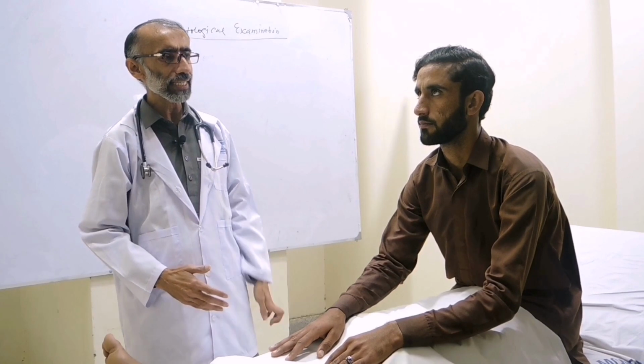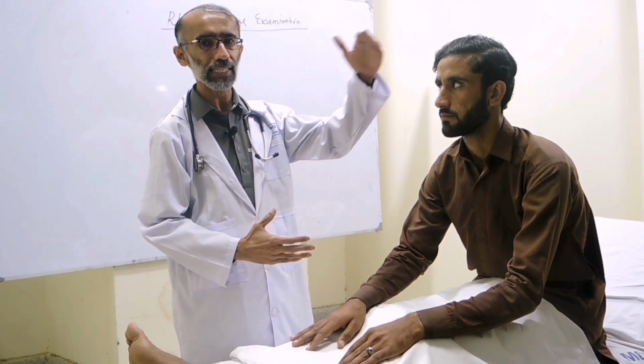A peripheral injury of facial nerve, lower motor neuron type, will involve the same side, upper face and lower face as well. While upper motor neuron lesion of the facial nerve will spare the upper part of the face and will affect the lower part of the face only.